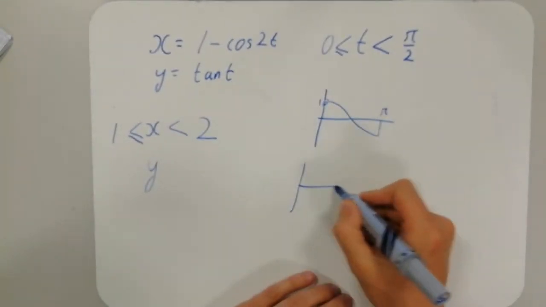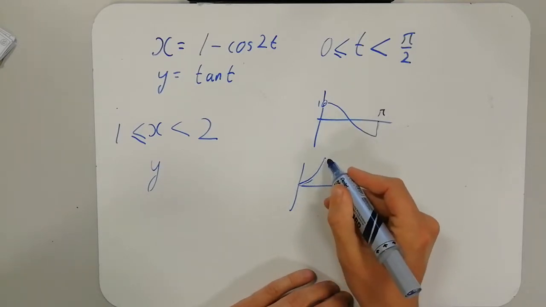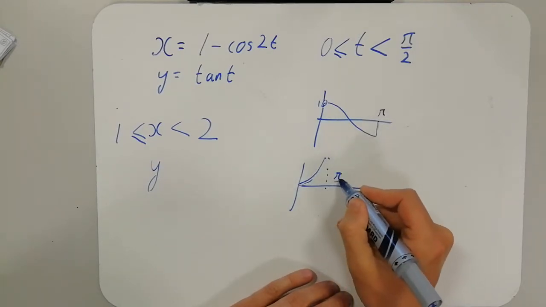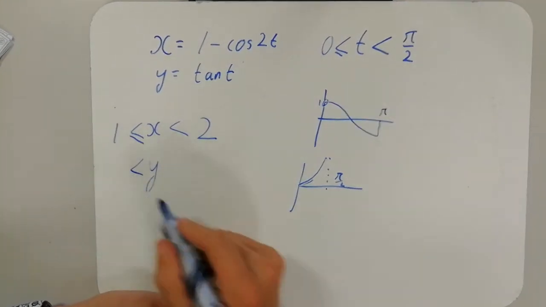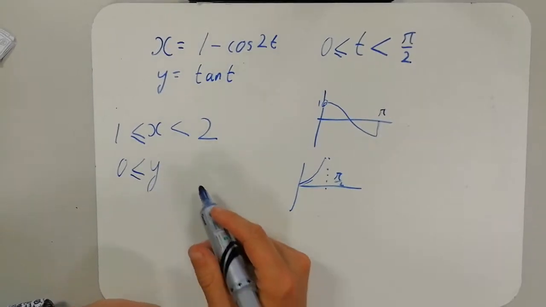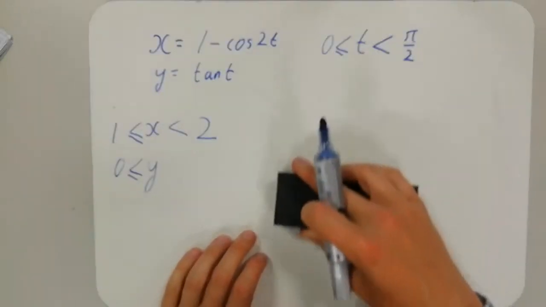If we look at the tan function, we know it looks something like that, with an asymptote at pi over 2. So we know that we can get 0, but there is no upper limit. So just by considering the type of function we have and what values of t we're allowed, we've got the domain and range of this function.